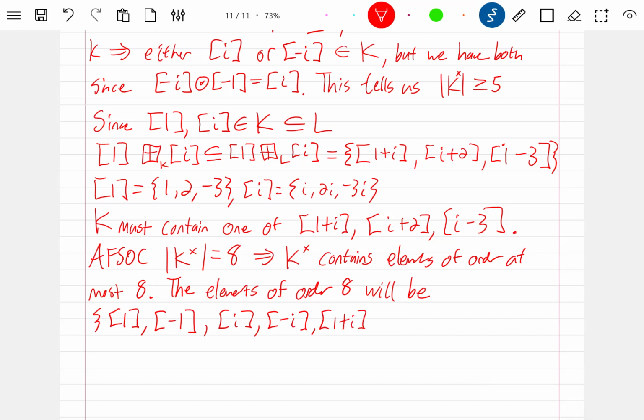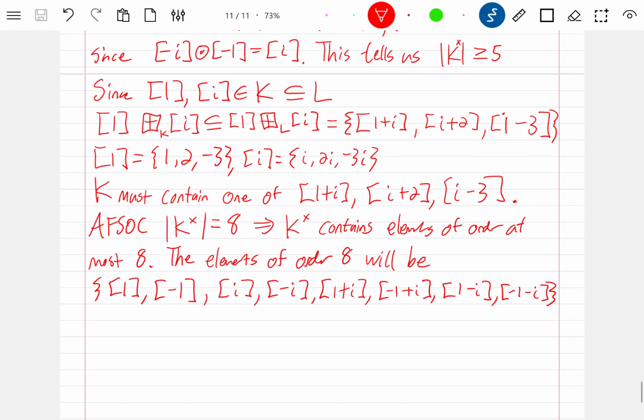And this will be your 1 plus i and all the permutations of that sign. So these would have to be all the elements of k star.